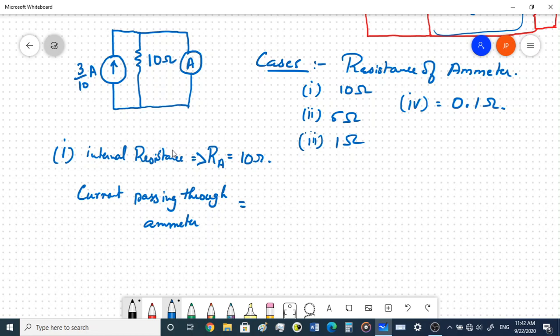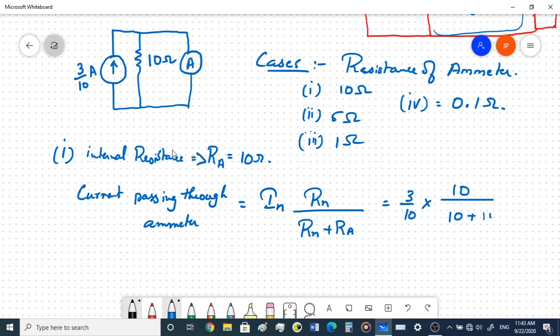The total current is IN into, we'll apply the current division rule, which is opposite branch resistance divided by the total resistance, which is Rn plus Ra. So here we would get it as 3 by 10 into Rn resistance is 10 ohms divided by 10 plus Ra is 10 ohms, right?